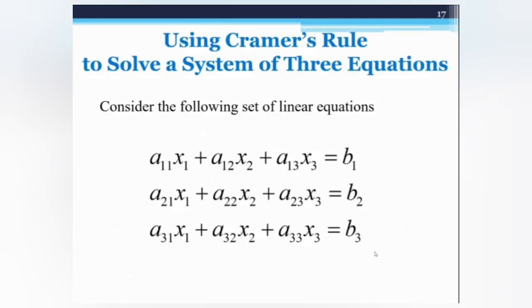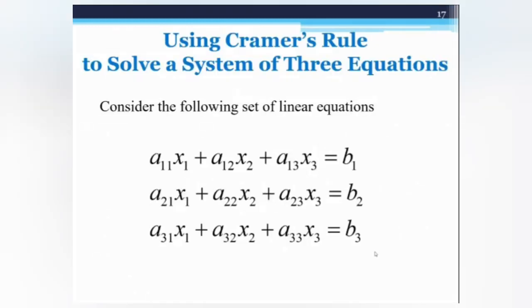So now, how can you apply Cramer's rule to that matrix? As we know, the linear equation is Ax equal to B. Suppose here there are 3 equations as shown on your screen.